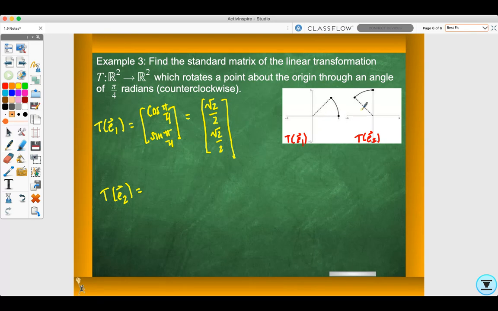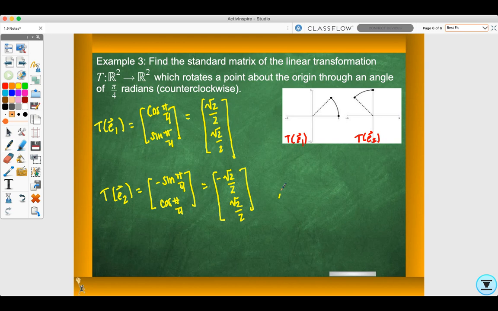To get the same actual answer, I'm going to write my x-coordinate as negative sine of pi over 4, and then I'd have cosine of pi over 4. And this would give me negative square root of 2 over 2 and positive square root of 2 over 2. Which makes sense because look where it is. It's in the second quadrant.